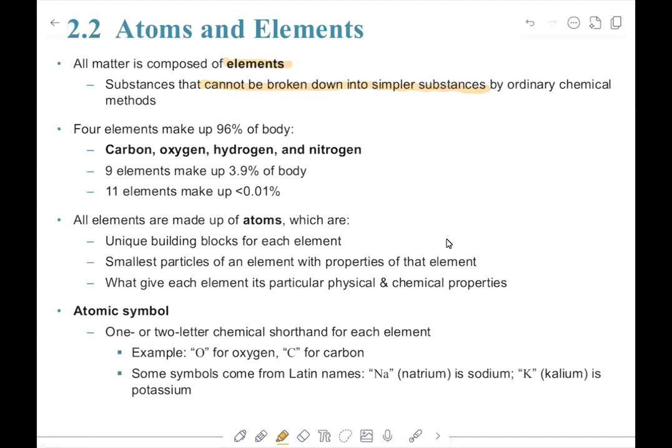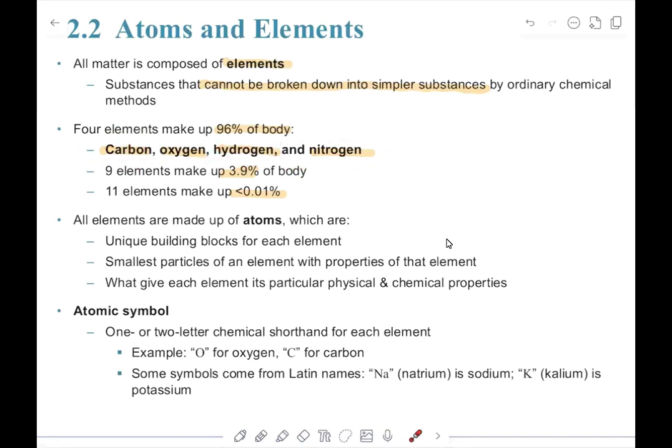So, as I mentioned in the chapter 1 videos, 96% of the body is these four main elements, which is very important to know. And 9 of them only make up 3.9% of the body, and 11 make less than 0.01%. So, it's very important for you to know these four elements: carbon, oxygen, hydrogen, and nitrogen.